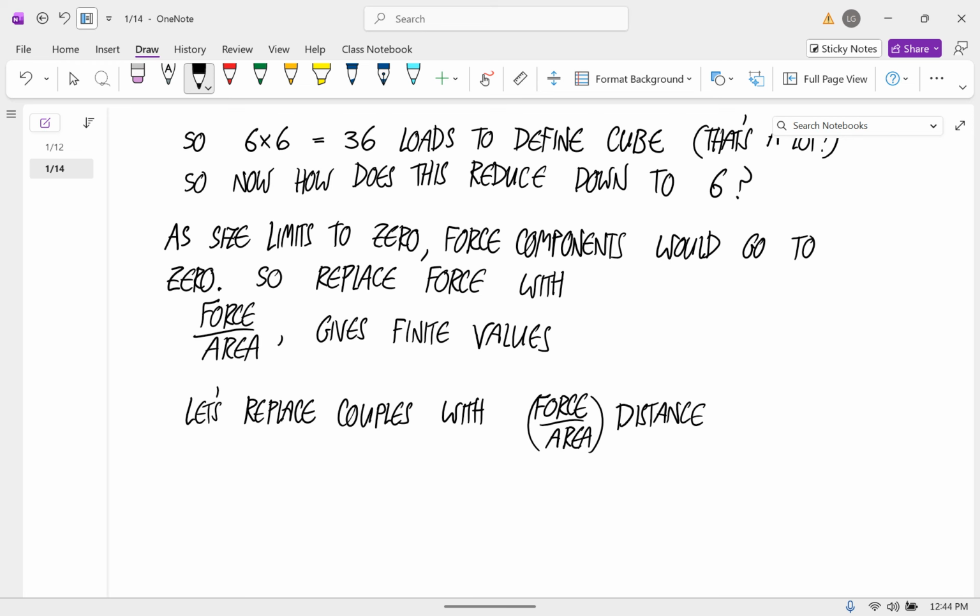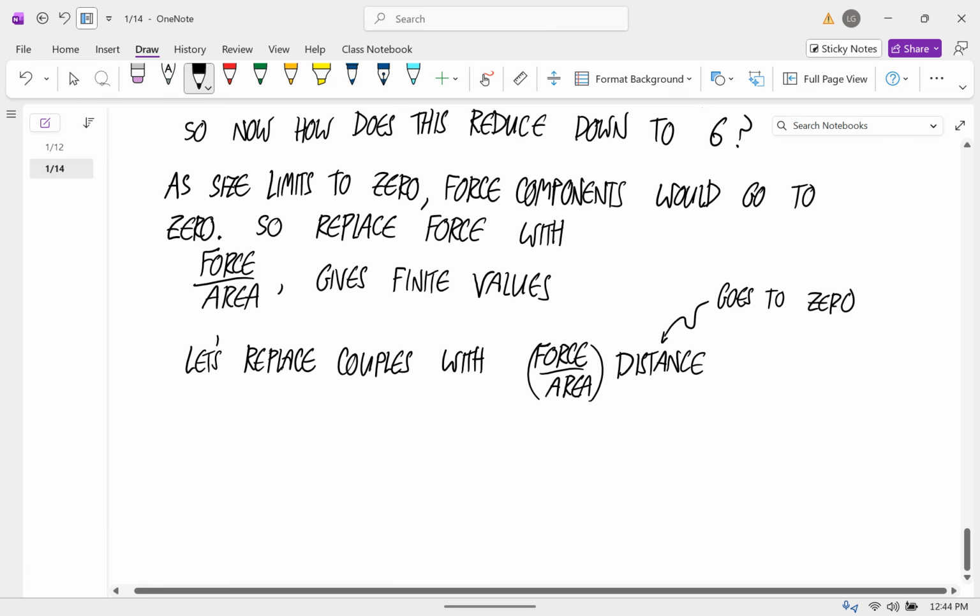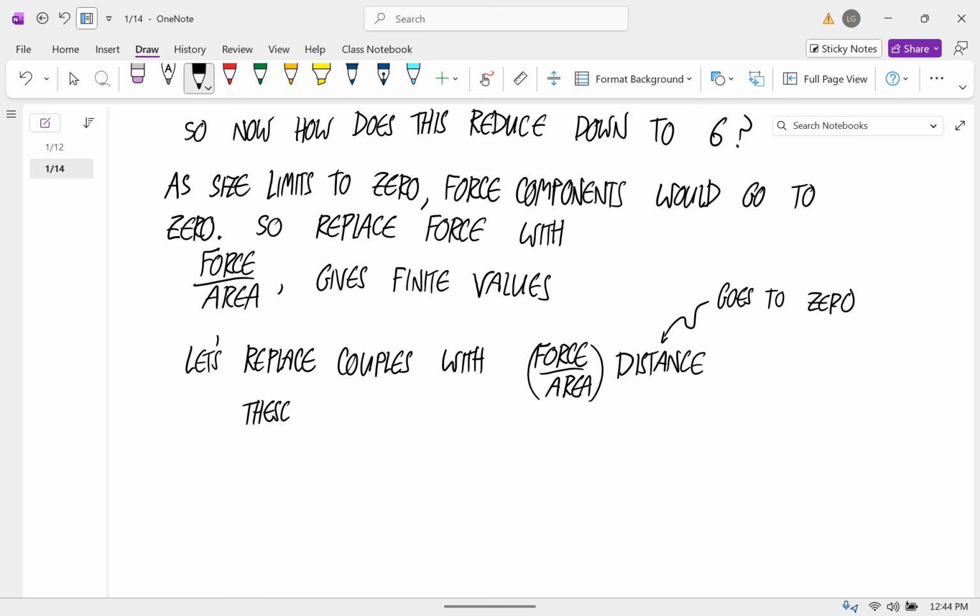Now, the force per area is going to be a finite thing, but we're going to multiply it by a distance between these forces. That's what a couple is. That's going to go to 0. These all go to 0. And so we're just going to forget about worrying about any of the couples on any of the faces.